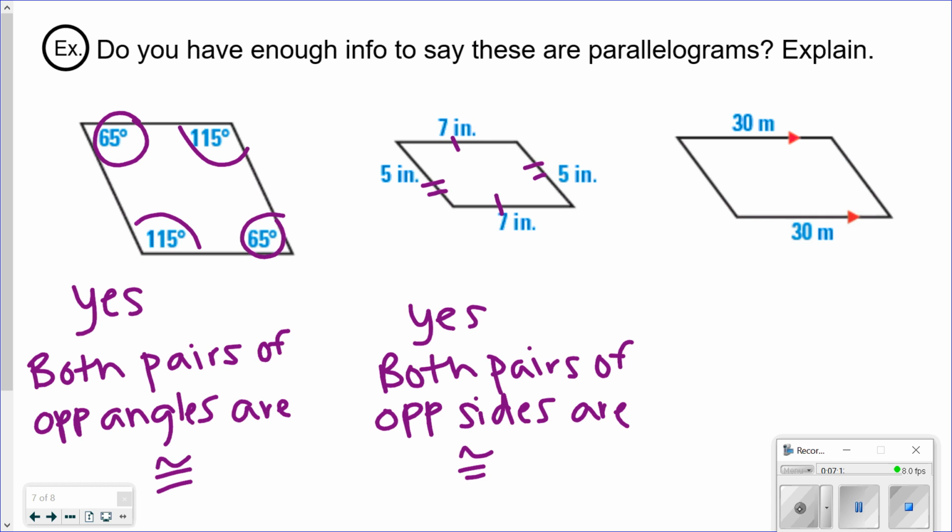And then finally, is this enough information to prove that this quadrilateral is a parallelogram? Yes or no? The answer is yes. And why? Well, we know one pair of opposite sides are congruent and they're parallel. So that's enough information.